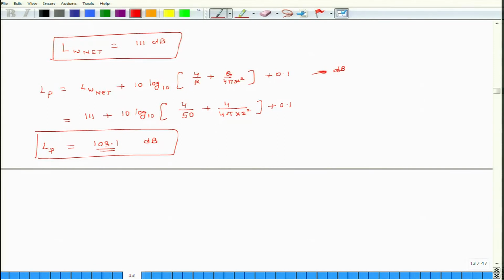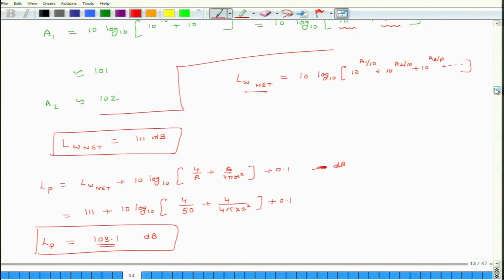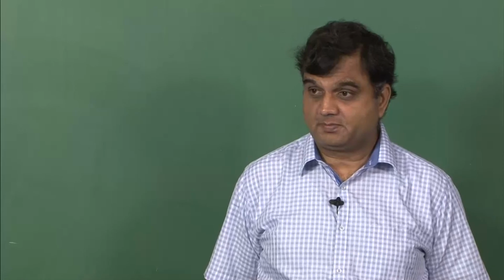Now, in this case we assumed that the directivity Q is the same for both. Then the question is, what would happen if the directivity was different?